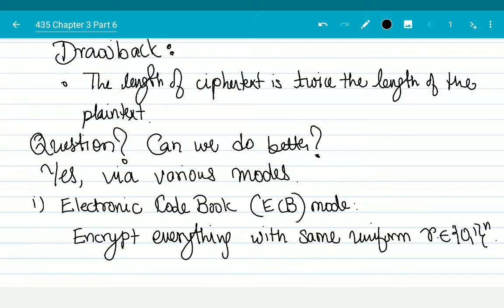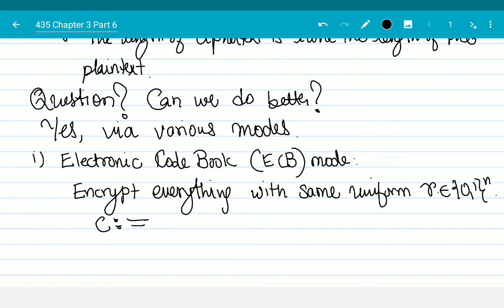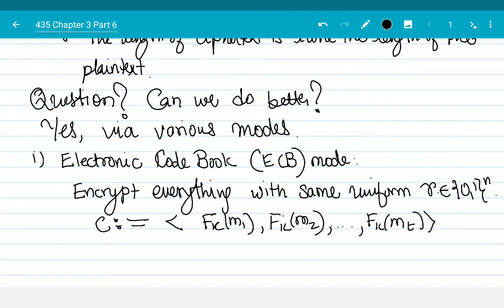And so my ciphertext C in that case is going to look like r, and then fk of m1, fk of m2, and so on, up to fk of mt. And here's the very, very big problem.